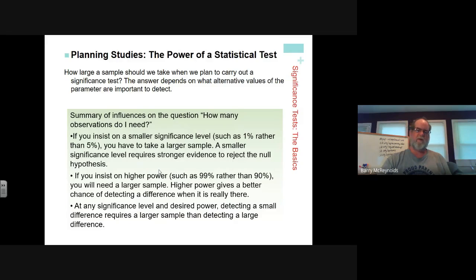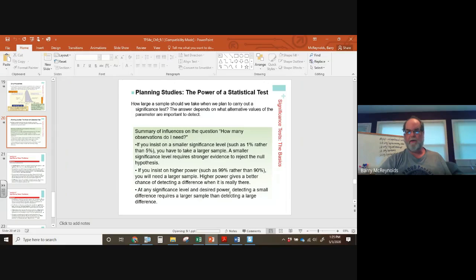So the store owner might say, man, digging through my records to find 250 samples, that's really hard. That's really time consuming. What's the difference if I just stop at 100? What happens to my significance level and my power if I just stop at 100? And that's where we're going to go next.